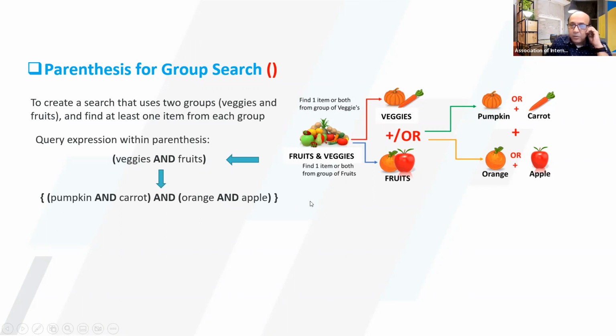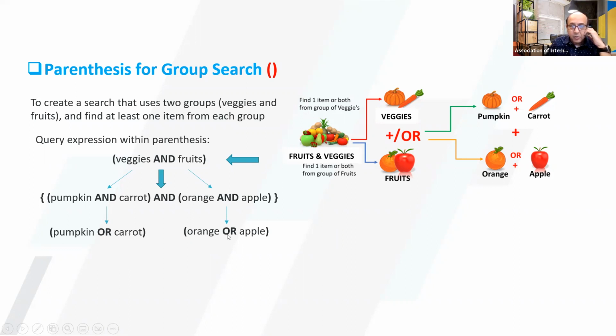We are explaining it through algebraic expressions in the most simplified way. Let's suppose we want the search to find pumpkin or carrot or orange or apples. So replacing AND with OR between pumpkin and carrot, to make these two an option, and this is another option.